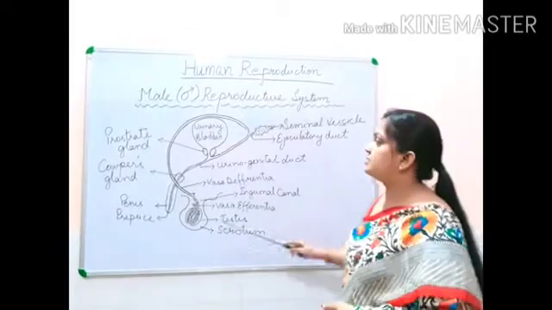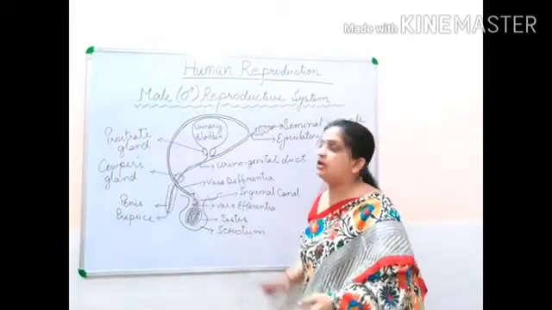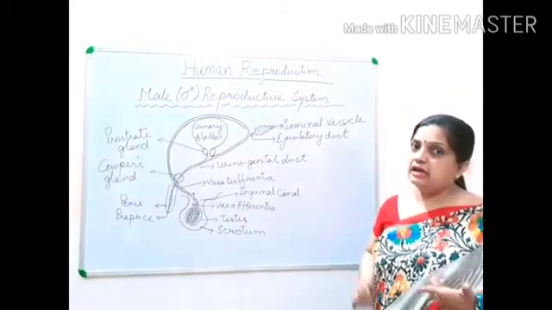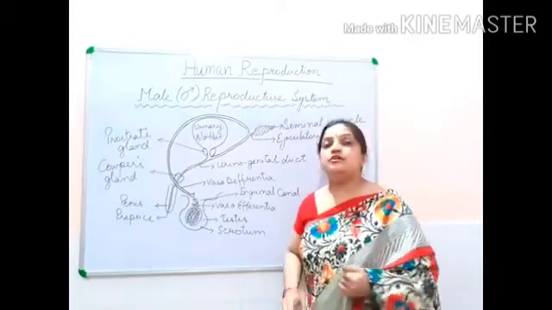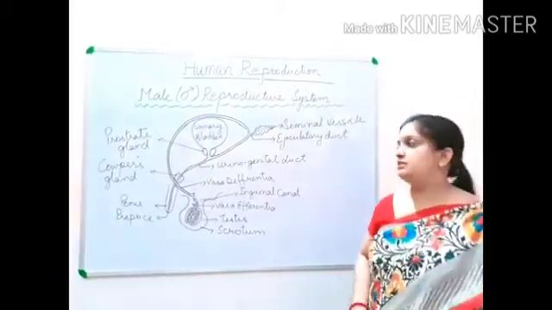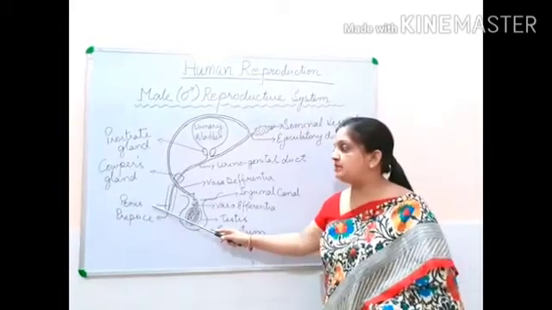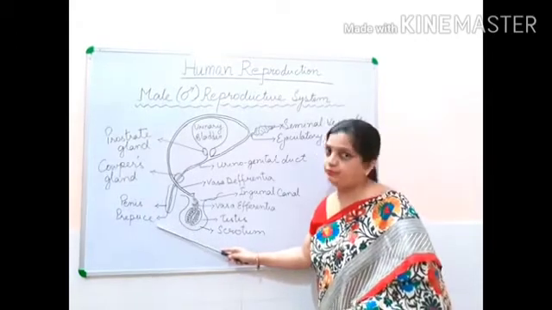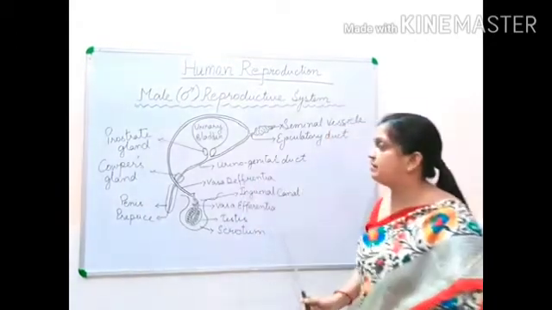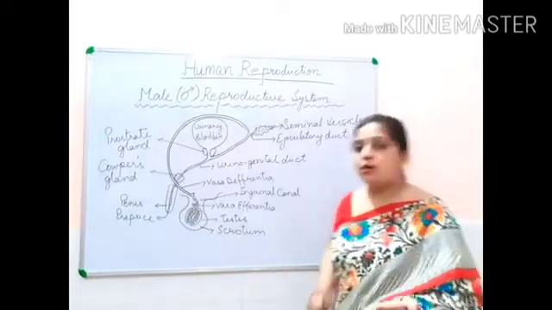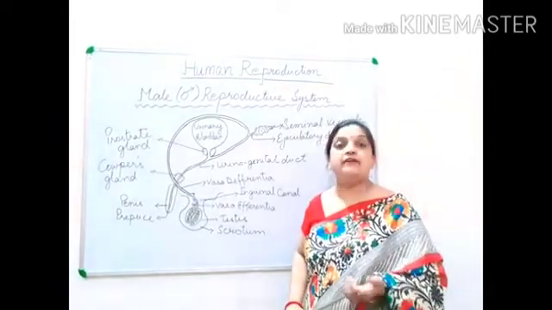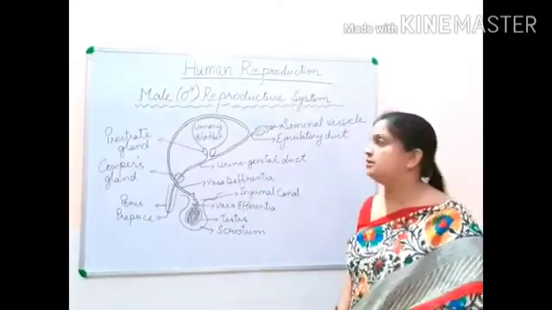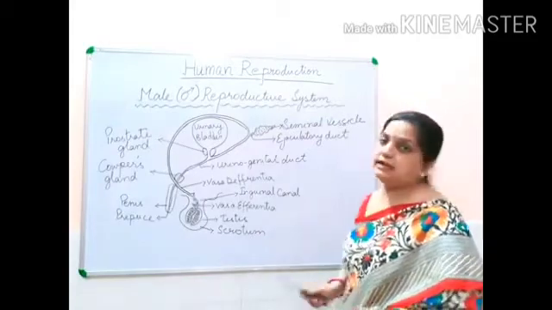The last part of the male reproductive system was your external genitalia. The external genitalia is the penis, and this penis opens at the last verge, which is called the prepuce. I hope this diagram is clear to you all, and all the parts which I have explained that the male reproductive system comprises. I hope all those parts are clear to you by the diagram. Thank you.